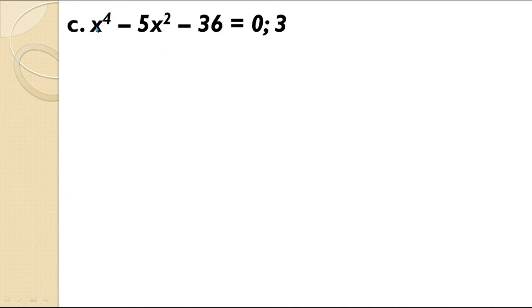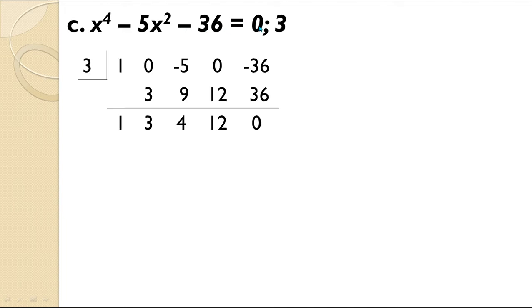Next is x raised to 4 minus 5x squared minus 36 is equal to 0. So the first given root is 3. So, again, yung ating gagamitin ay synthetic division, then get all the numerical coefficients and replace 0 kapag wala sa yung ating missing term.